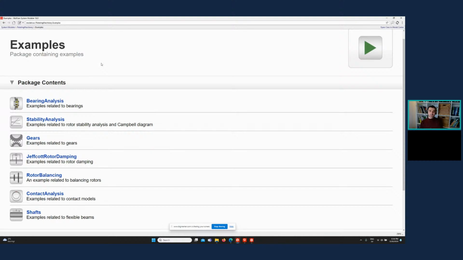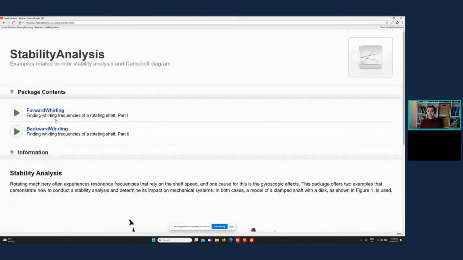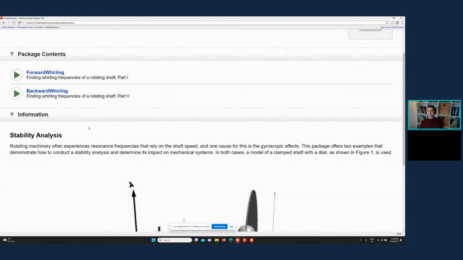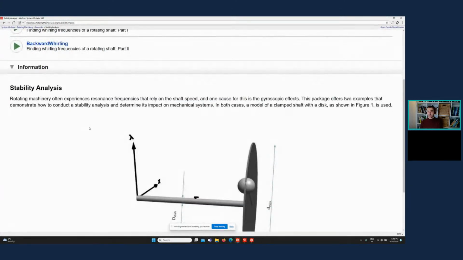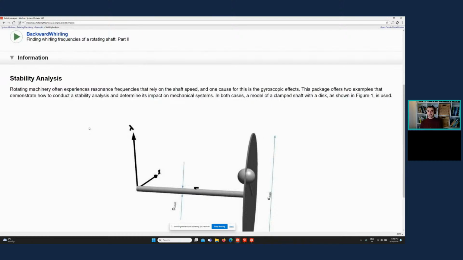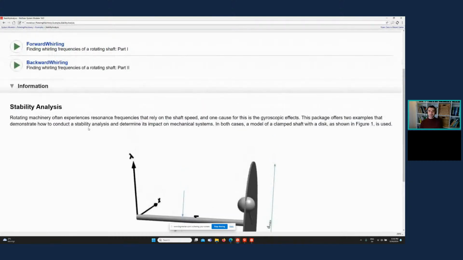investigation, and other than that we have a stability analysis, in which you can do, as some of you might have heard, the Campbell diagram, which is about the stability of the rotating shafts, and checking the forward whirling and backward whirling.